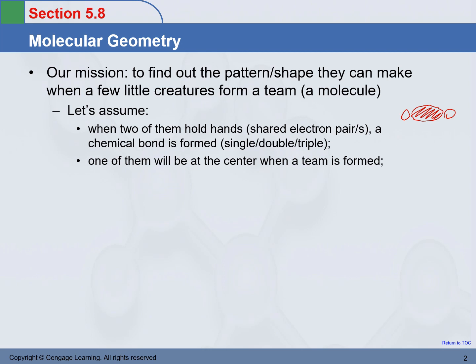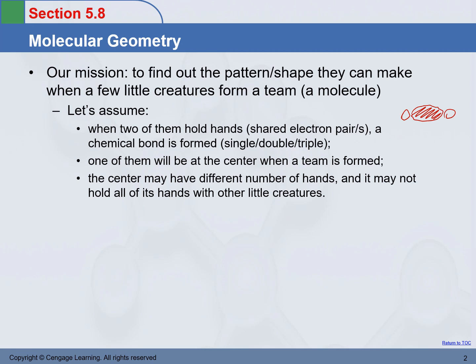All other atoms will be around that center atom. So we will assume inside the molecule there is one little creature that stays at the center. All other little creatures will form a team by binding to it, by holding hands with it from outside around it.